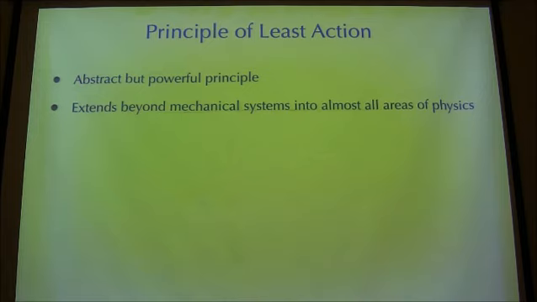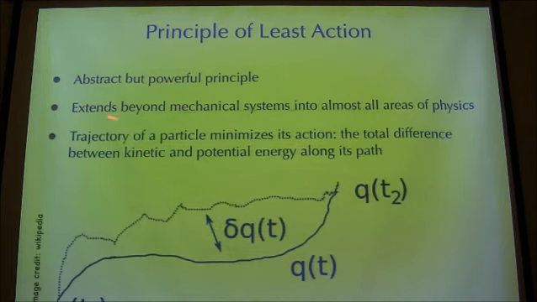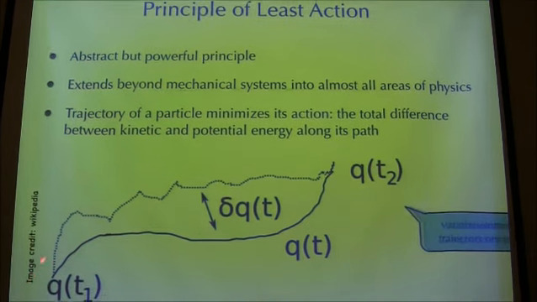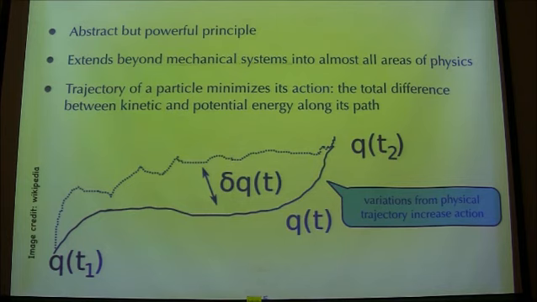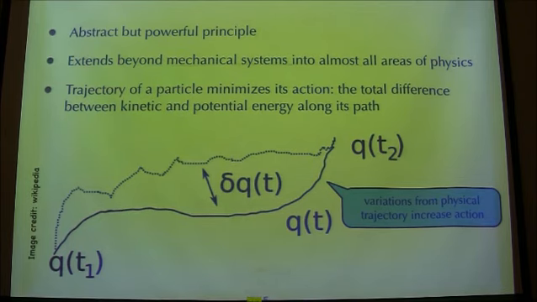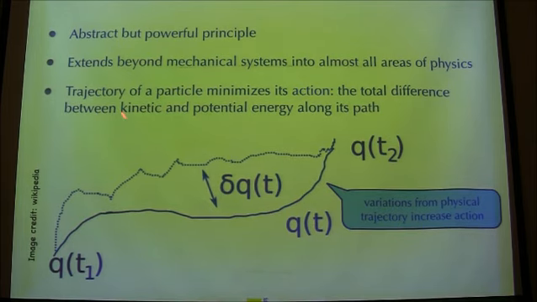So we can describe electromagnetic fields and things right down to the fundamental interactions in terms of these types of principles. And the idea is very simple: the trajectory of a particle, its position in space as a function of time, is the one that minimizes its action. And the action is the total difference along this path between its kinetic and potential energy.